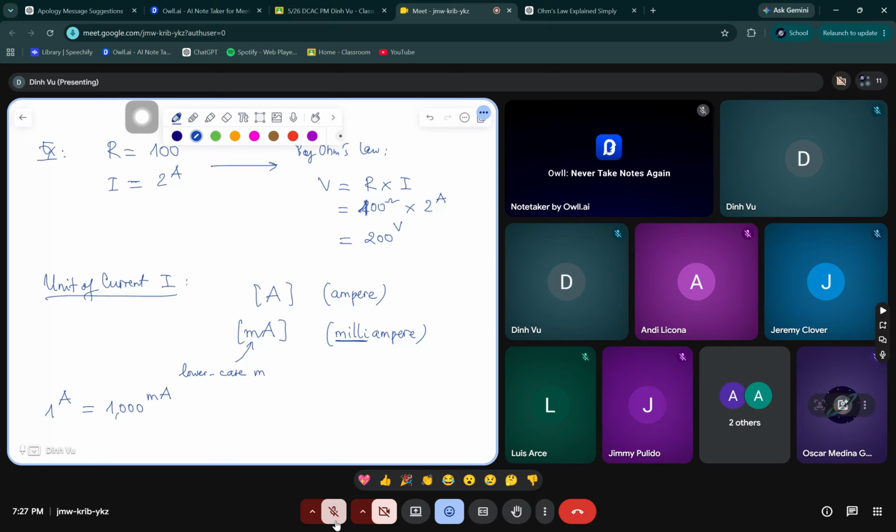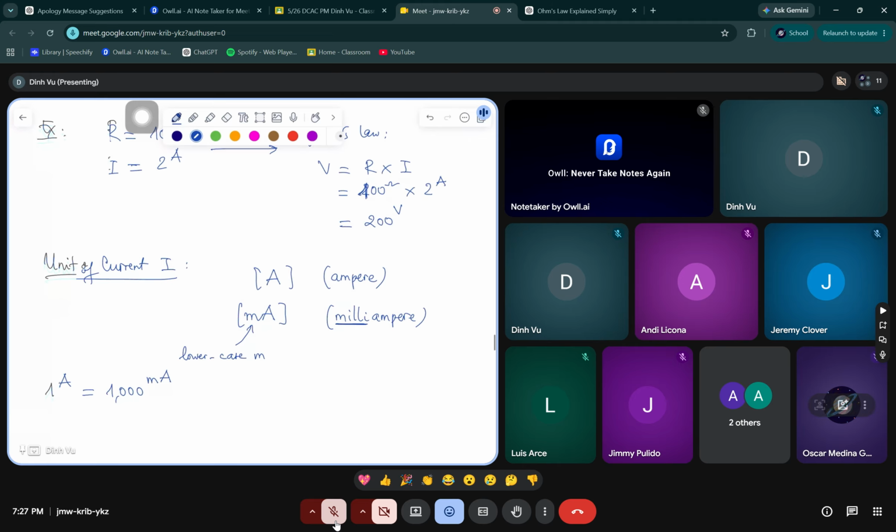So we write 1 ampere is 1,000 milliampere, or 10 power 3 milliampere.